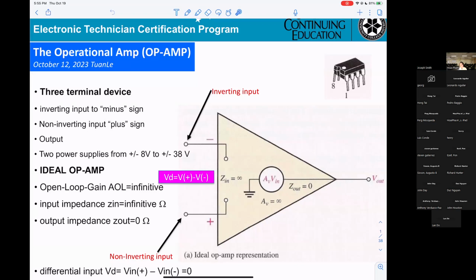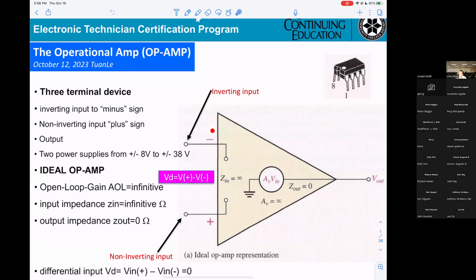So when you're looking at the symbol, you know this is a differential amplifier. Differential, because it has two inputs, one negative, one positive.